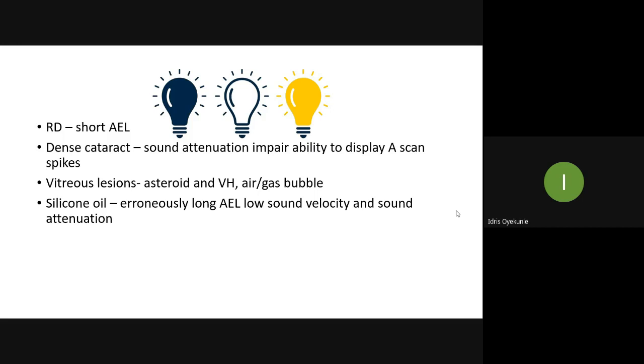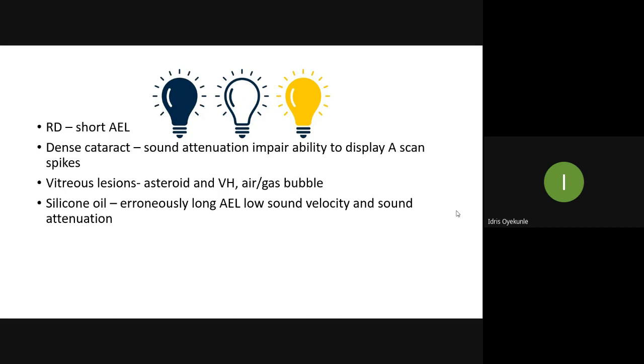Also, in dense cataract, there's sound attenuation and an impaired ability to display a prominent A spike, so this can also alter the axial length. Also, when we're doing our biometry, we should consider vitreous lesions, asteroid hyalosis, vitreous hemorrhage, and gas or air bubble within the vitreous cavity, because these may give errors in axial length calculation.